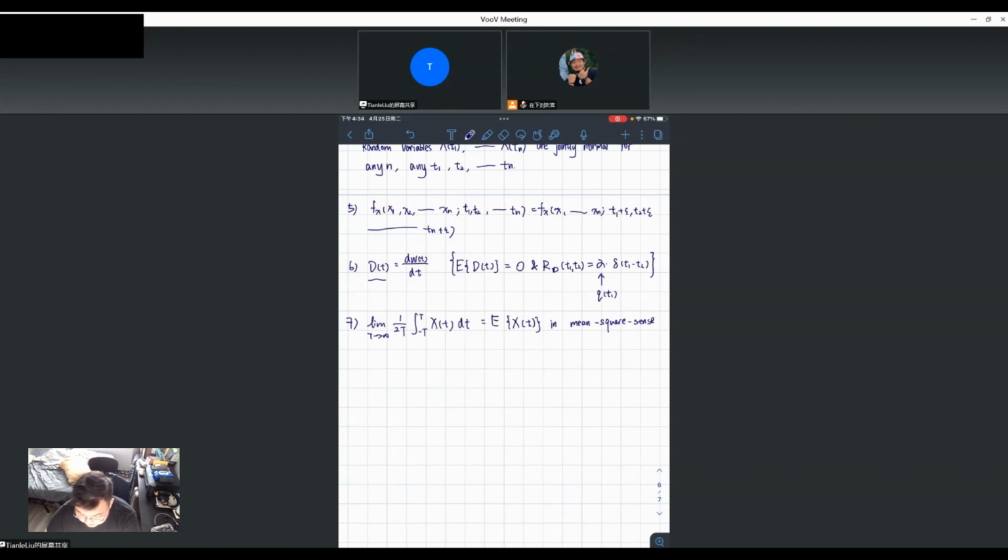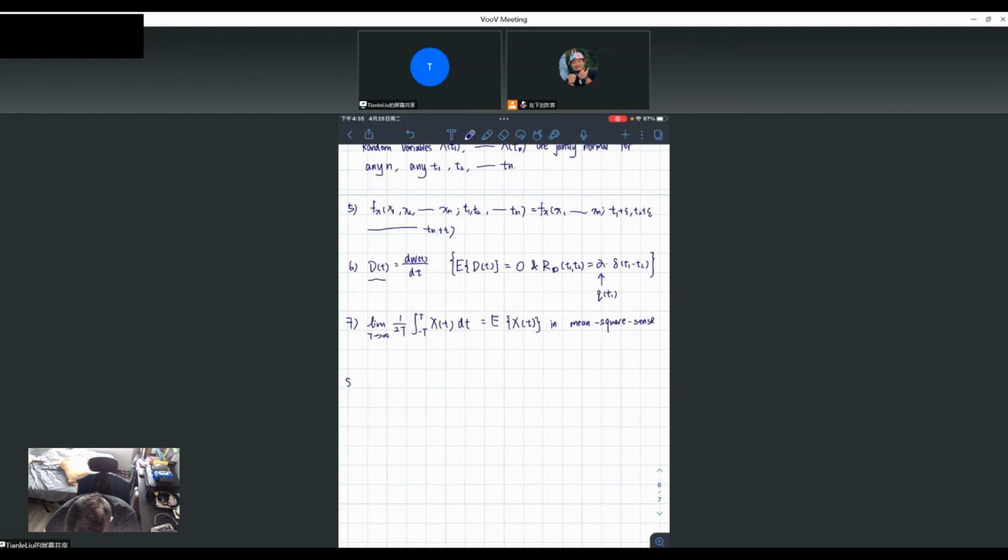The condition of the mean square sense is very important for this problem, so we only discuss it under this condition. If this equation is satisfied, it is a mean ergodic process.